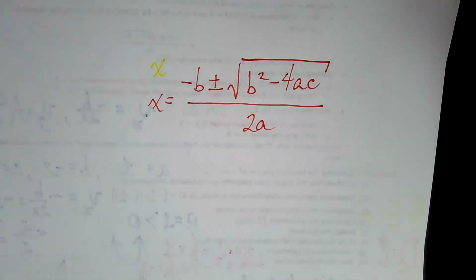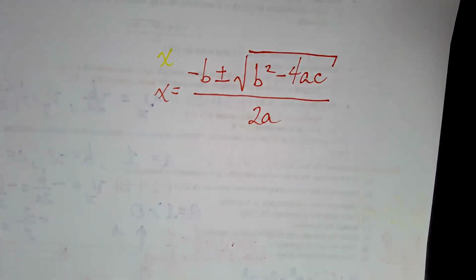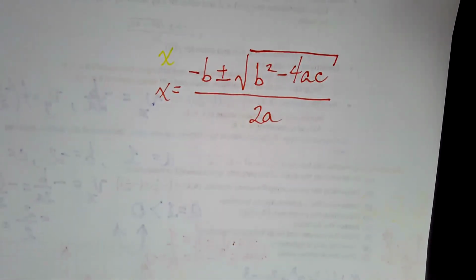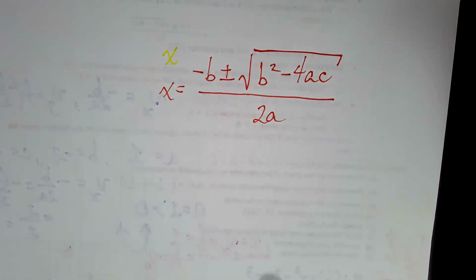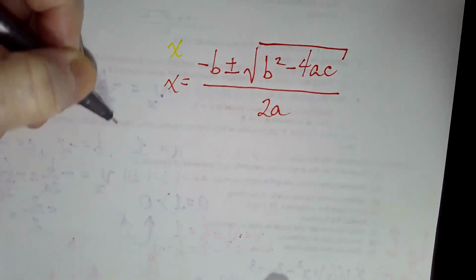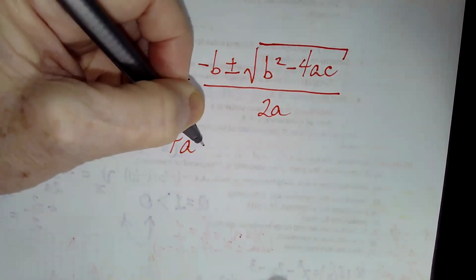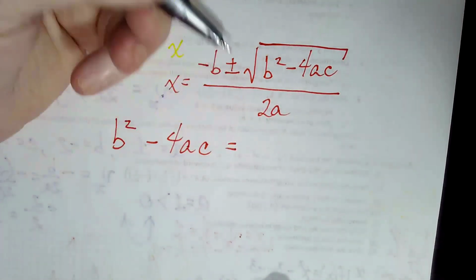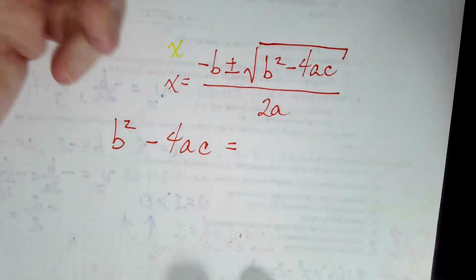Is there any part of this formula that looks more complicated than the other parts? The square root? Yeah. Let's figure out the square root part first. So we want to see what is b squared minus 4 times a times c. And we said that b was -2.